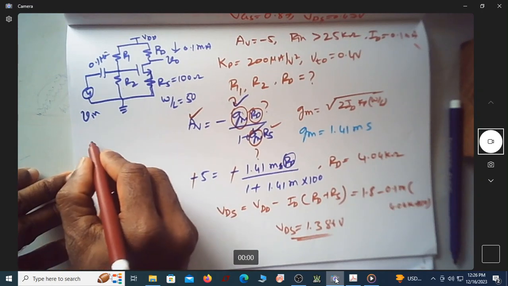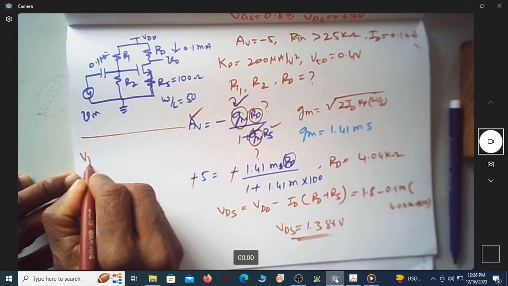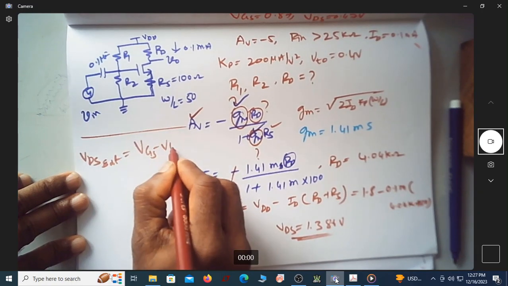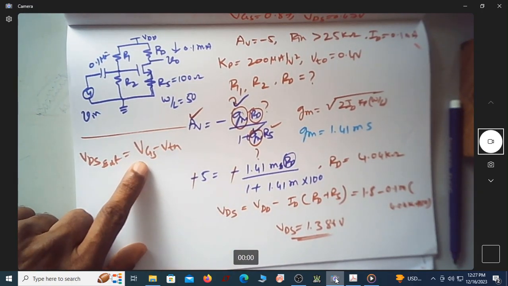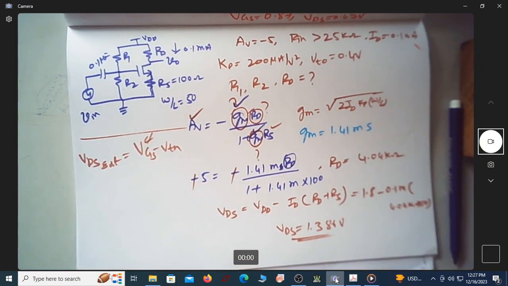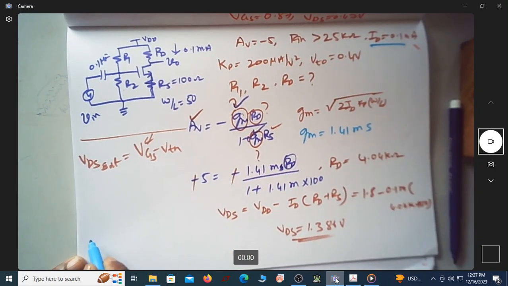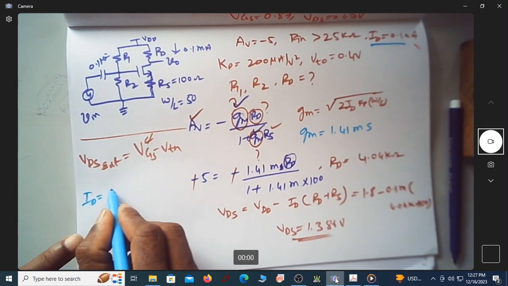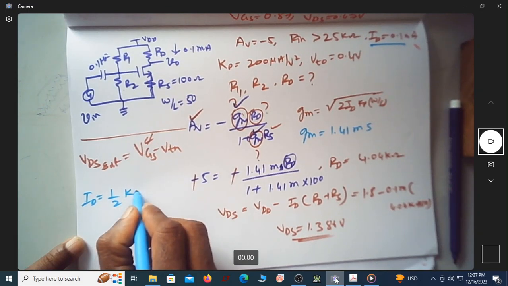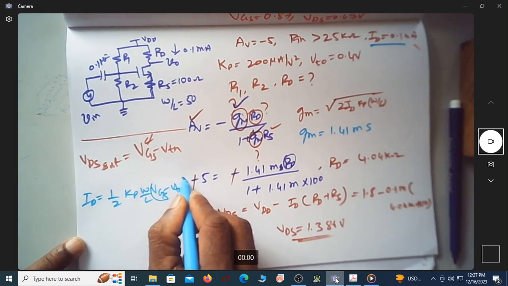To know what VDS sat is, how do I know it? VDS sat is equal to VGS minus VTH, but we don't know what VGS is. So how do we find the value of VGS here? But we know the value of ID. So ID is known. Can I use the equation for the saturation current condition, ID is equal to half Kp W by L into VGS minus VTO whole square?